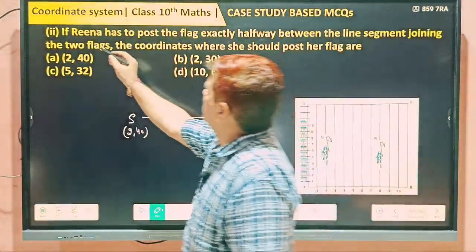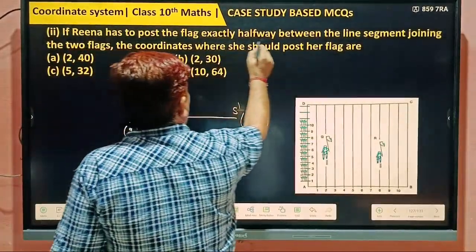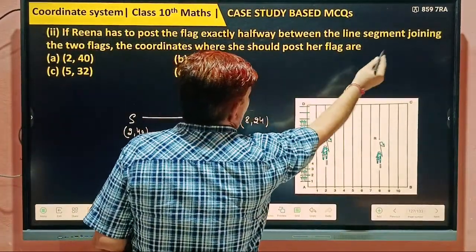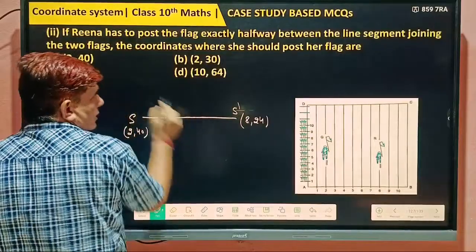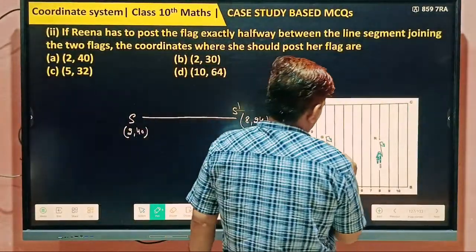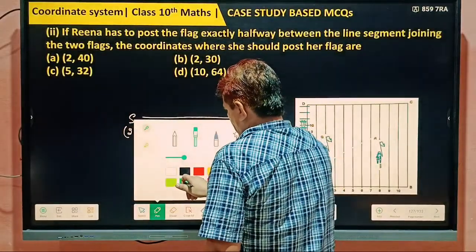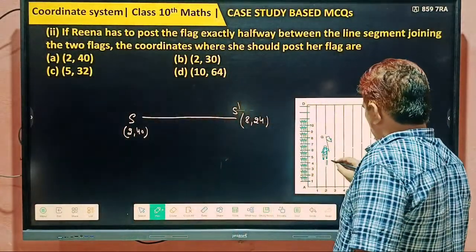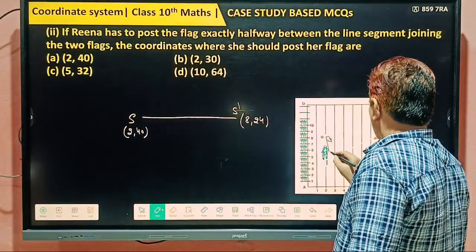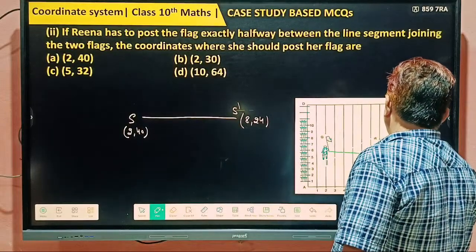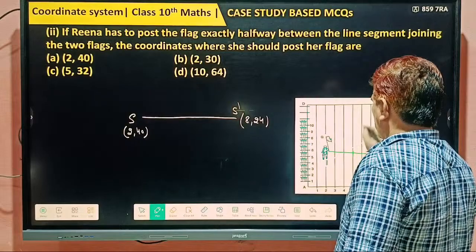Now if Reena has to post the flag exactly halfway between the line segment joining the two flags, the flags are these. You have to find out the midpoint of them.